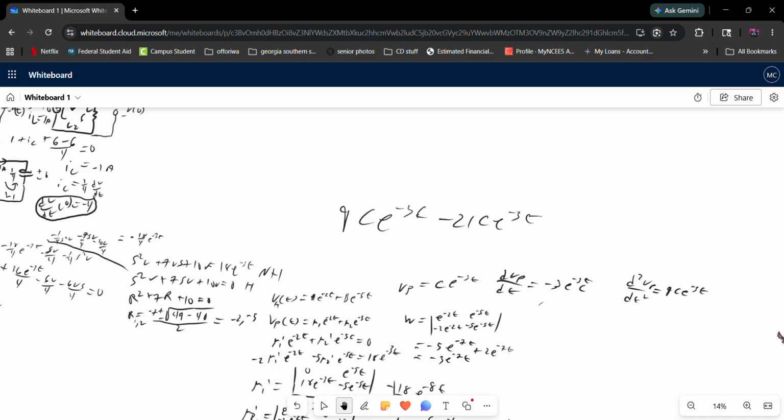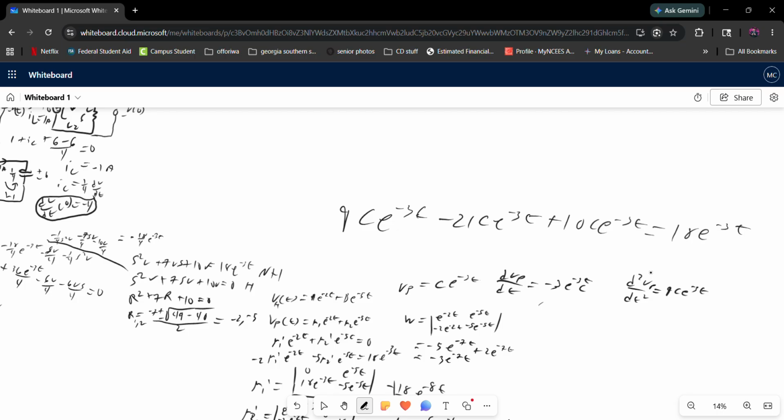Then finally, we end up with 10 times v, so that's just going to be plus 10c e to the negative 3t equals 18 e to the negative 3t. All right, so now we just combine like terms.